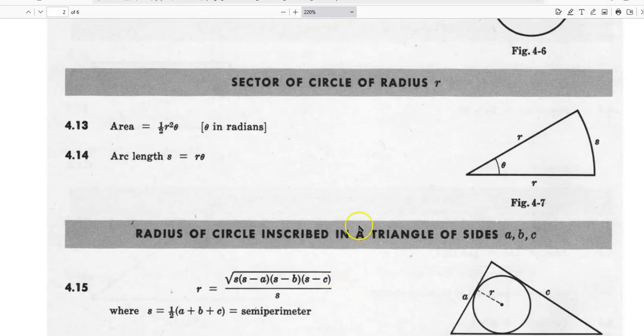For example, in this case, the area and also the arc length, or the length of this S here, is such that the angle here, theta in this picture, is given in radians, not in degrees but radians, in this formula book.